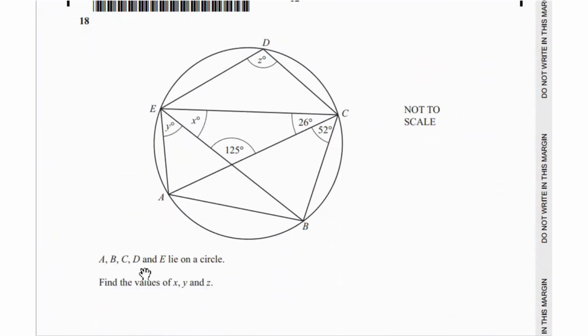So it says A, B, C, D, and E lie on a circle. Find the values of X, Y, and Z. So for this, you need to know your circle theorems. We know that Y would be 52. Why? Because both angles are coming out of the same segment, the segment being AB.